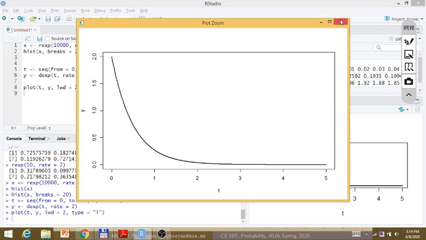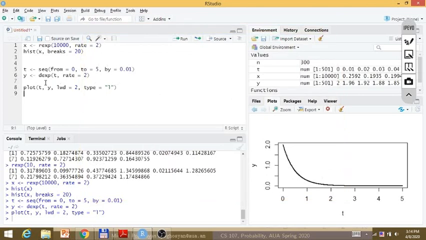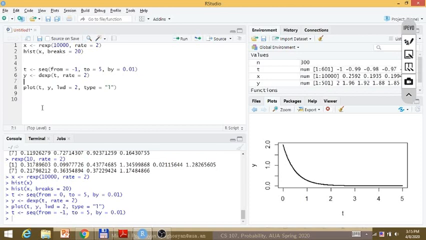Okay. And now if I want to draw the graph of CDF, I'm writing, say, the CDF from -1. Let me take from -1. I'm doing that again. I'm adding here z. Z is the value of CDF. So the exponential CDF is by pexp, calculated at every point of t, rate is again 2.